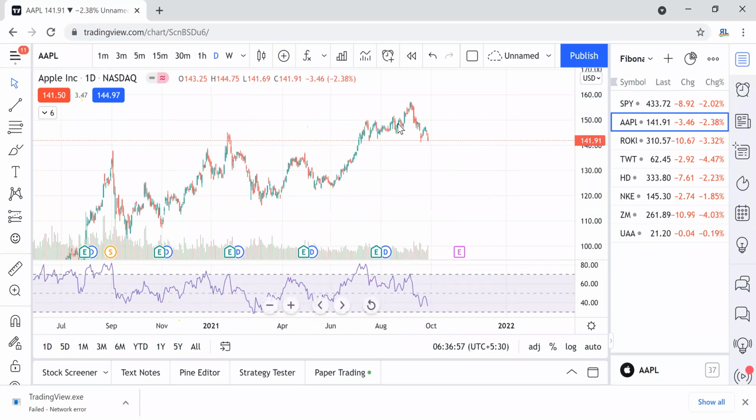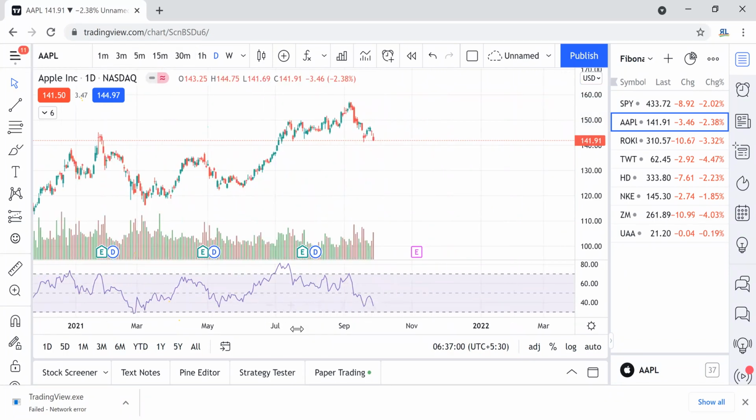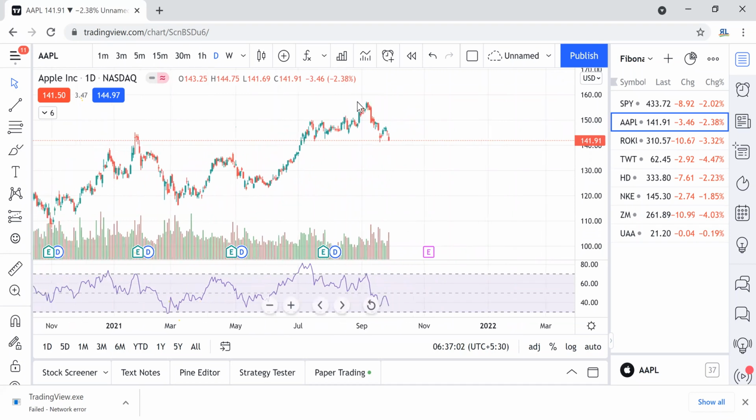All right. So the first thing I want us to identify is that Apple is making a high, and then a low, and then a lower high, and then possibly a lower low. It's still at a double bottom situation right now, so we can't really question it as much.